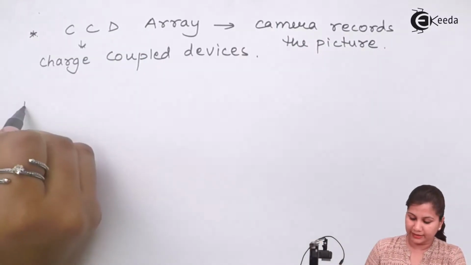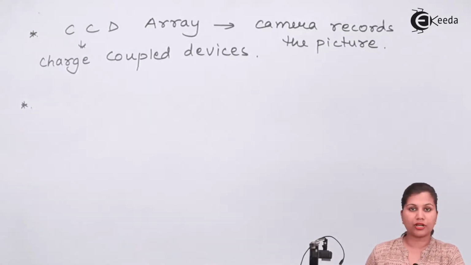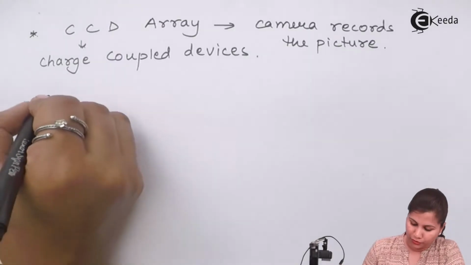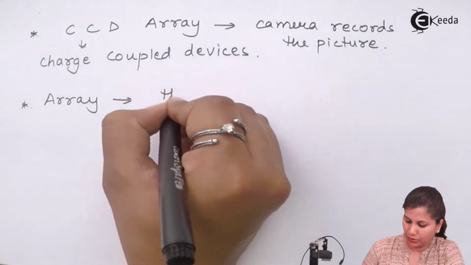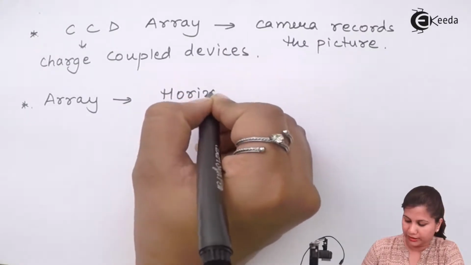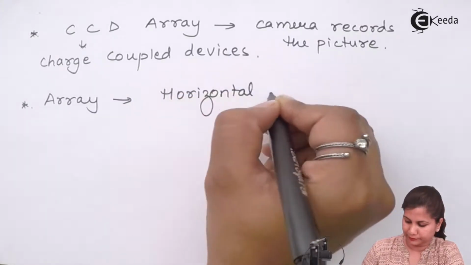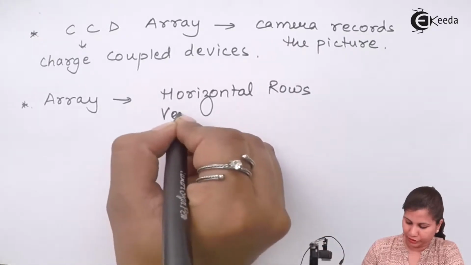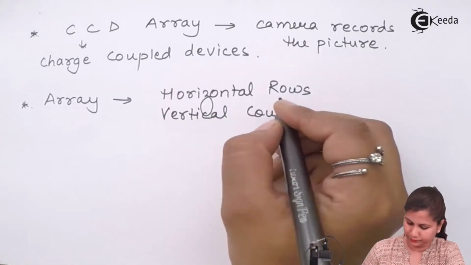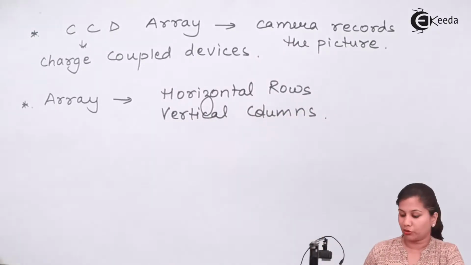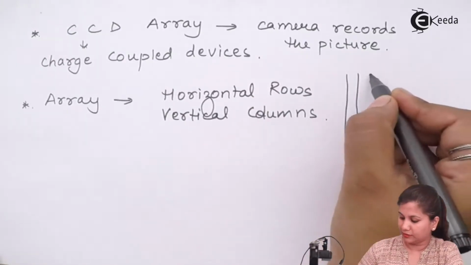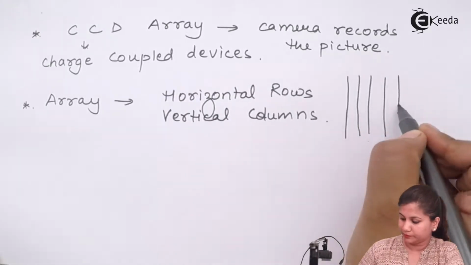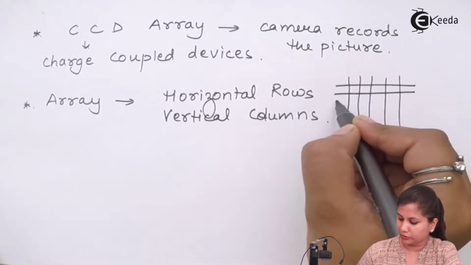Now this array consists of a large number of horizontal rows and vertical columns. These are the vertical columns and these are the horizontal rows.